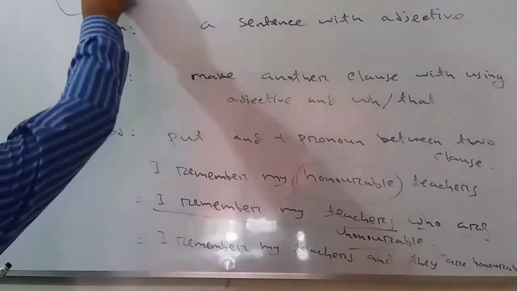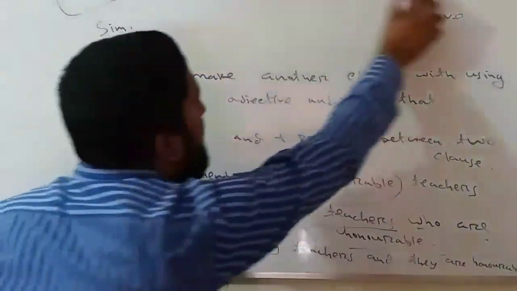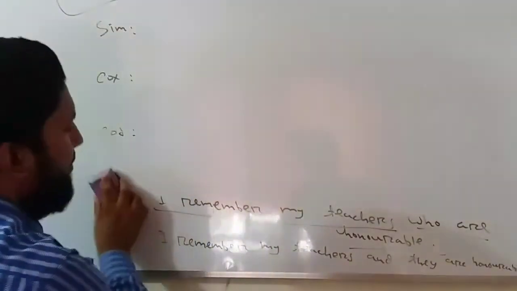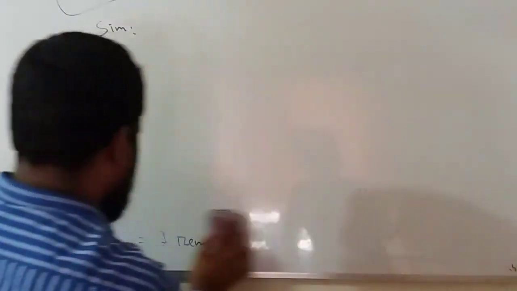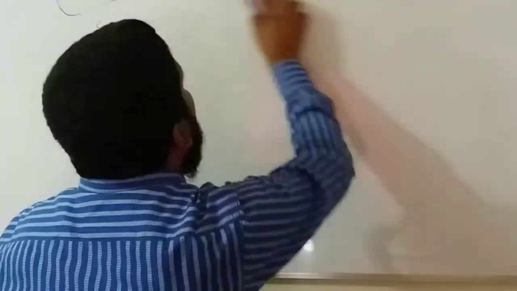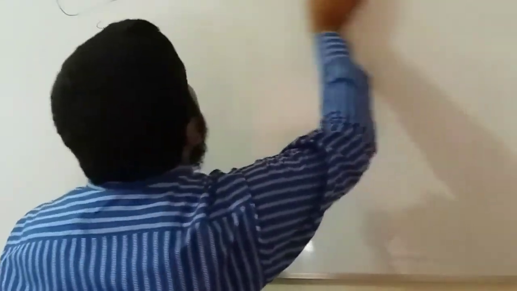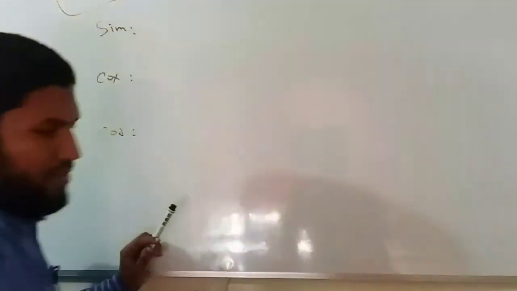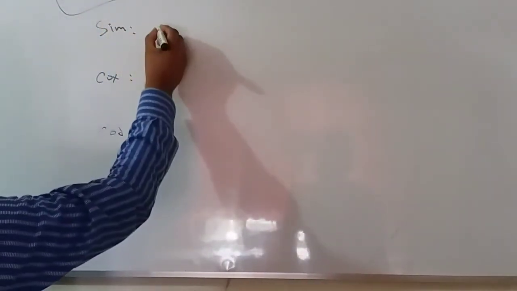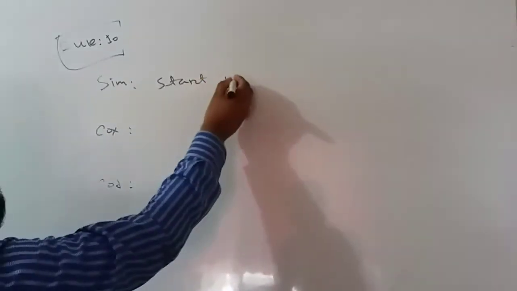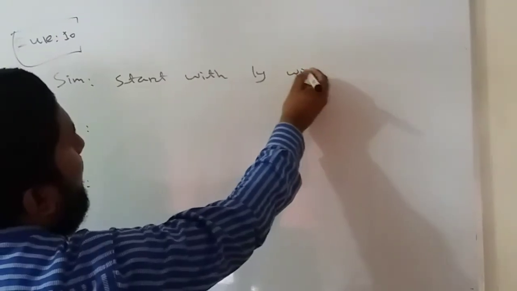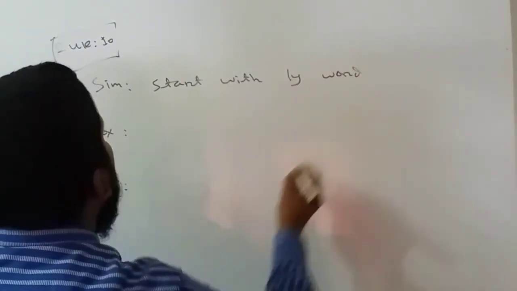Now rule number 10 and the last rule of simple, complex, compound. Besides these rules, there are some exceptional sentences. In a later class, we will do the exceptional sentences and the last part of simple, complex, compound. So rule number 10: start with an ly word.